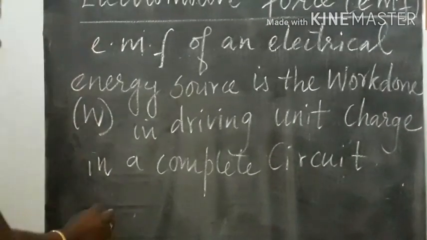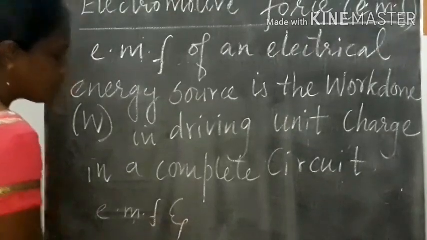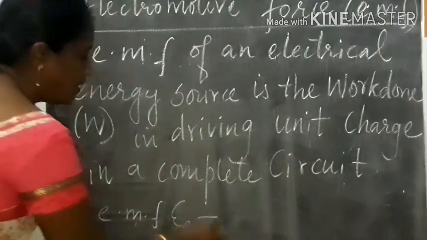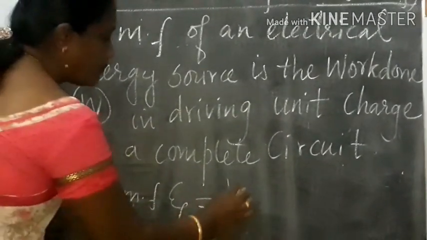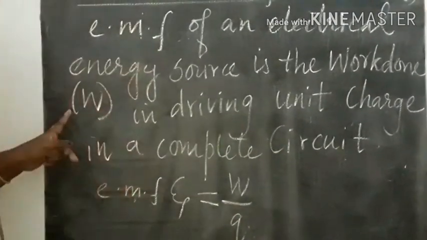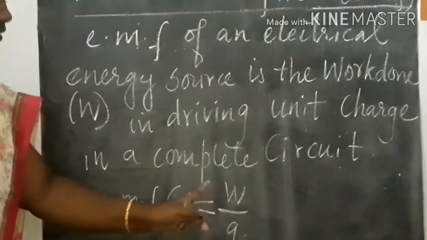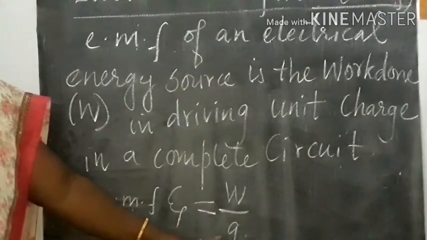EMF is represented by the symbol epsilon. Epsilon is equal to work done W by the unit charge Q, W by Q. So EMF is the work done in driving a unit charge Q.